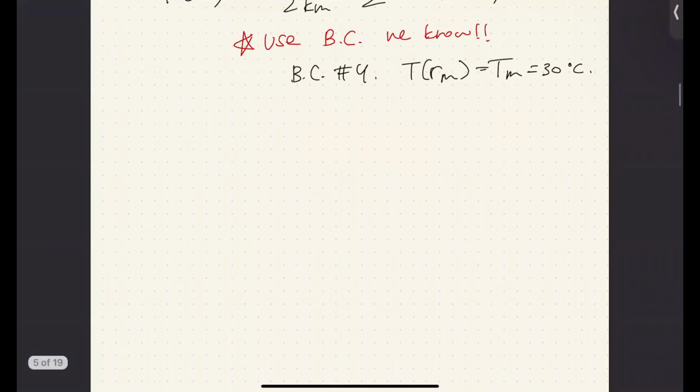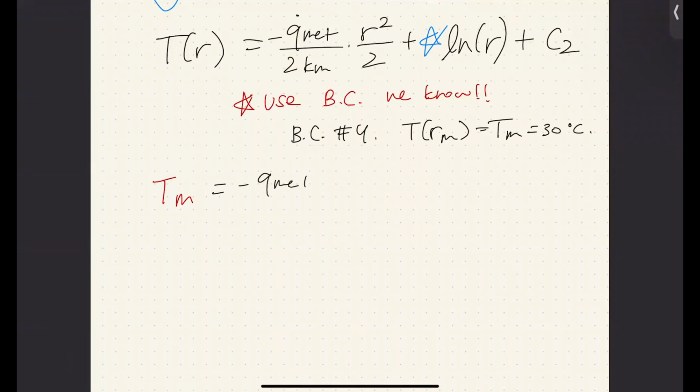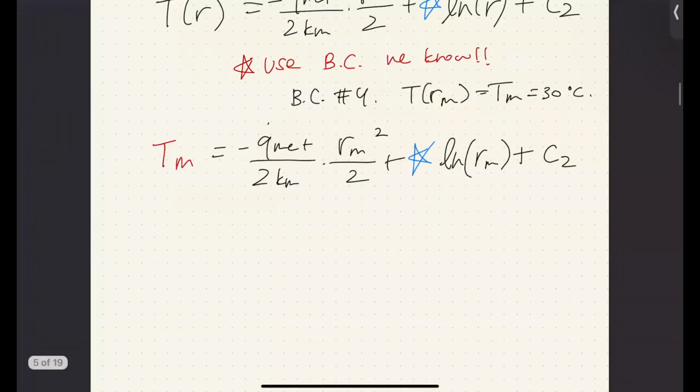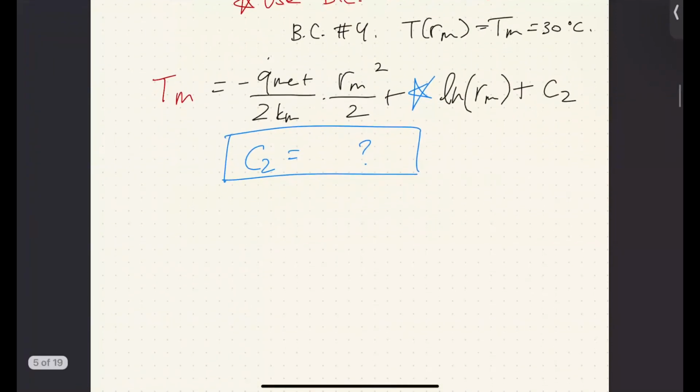So we have Tm equals negative Q_met over 2km times Rm squared over 2, plus star natural log Rm, plus C2. And we can then solve for C2. Once you solve for C2, then you can solve for T(R).